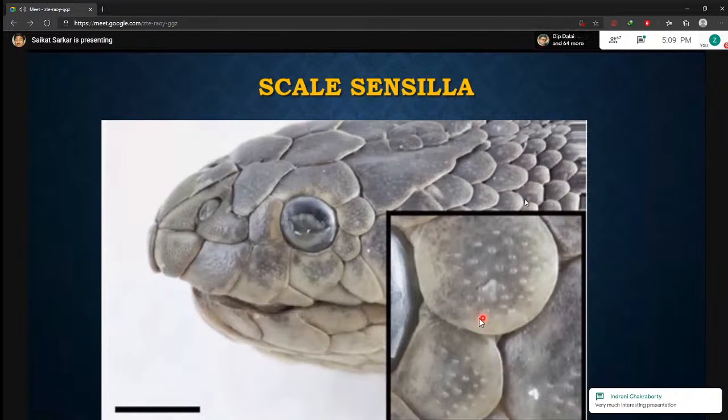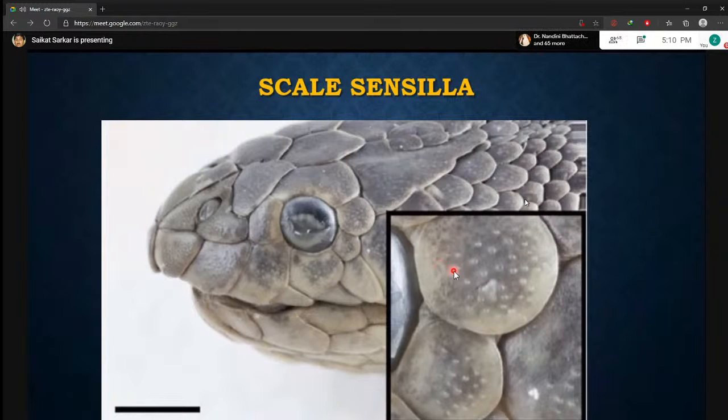Like this, you can find this kind of structure, if your observation is good, that is called scale sensilla. Not all the species have them, but many of them do, and it is believed that this kind of structure helps them in tracking prey, and they have something to do with that.